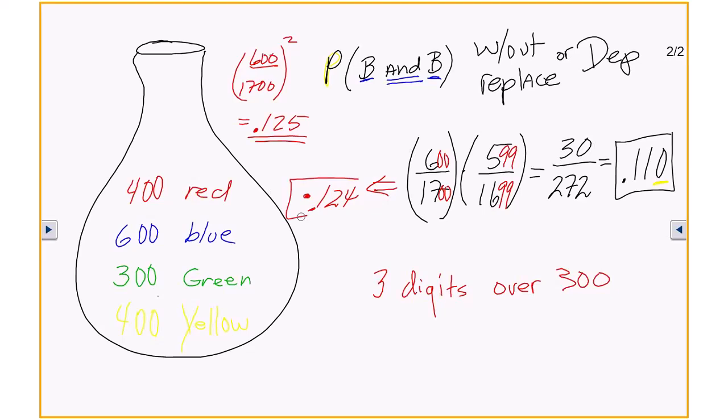It should be about the same. Is that what you got? Okay. So technically, I think it should be 0.125, rounded up. But anyway, you see, there's no difference.